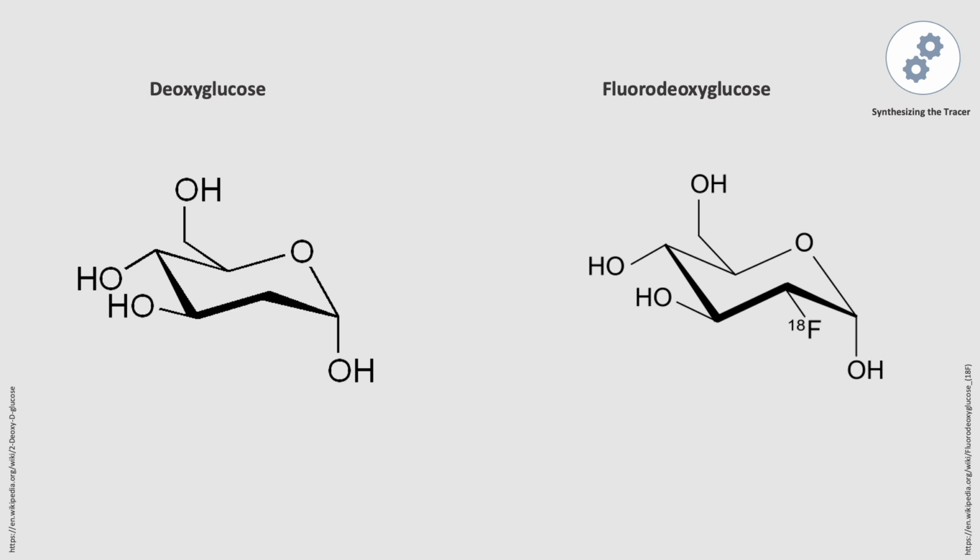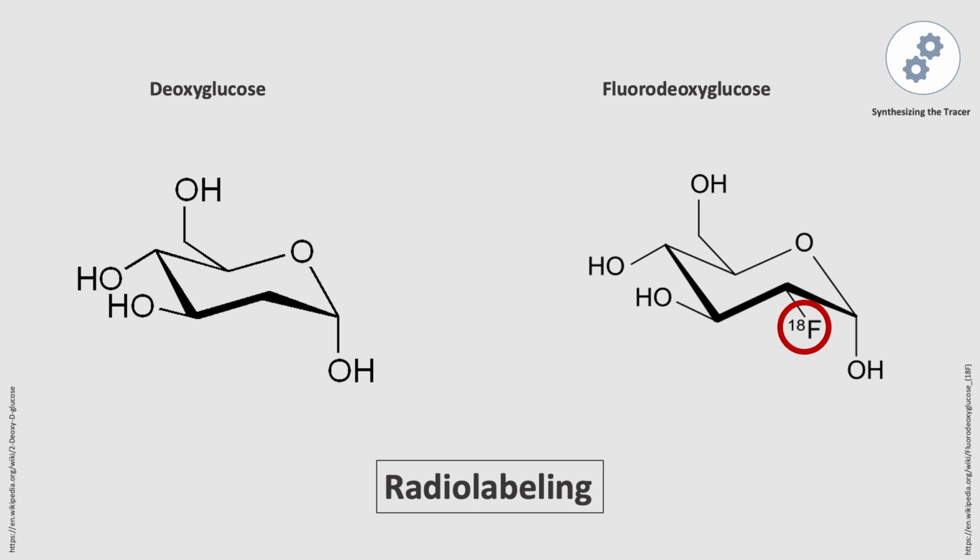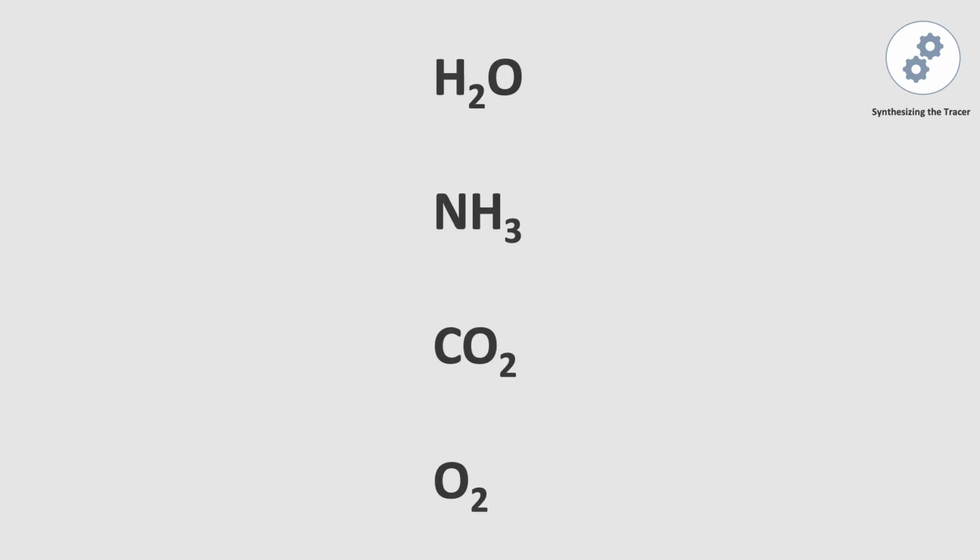The radioisotope is circled in red. This is a perfect example of radiolabeling. Other molecules that are used for creating radiotracers include H2O, NH3, CO2, and O2.